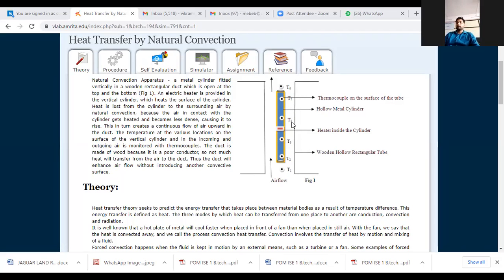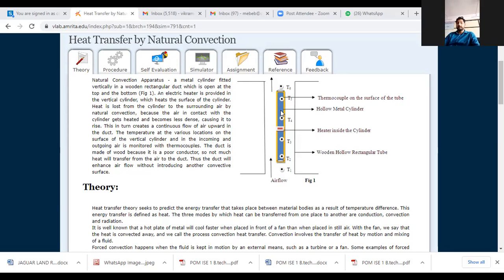First of all, we need to understand that convection happens only in fluids. Fluid is a broader concept which includes liquids and gases also. So convection will happen in fluids only, not inside a solid. Conduction happens in solid, liquid and gases.